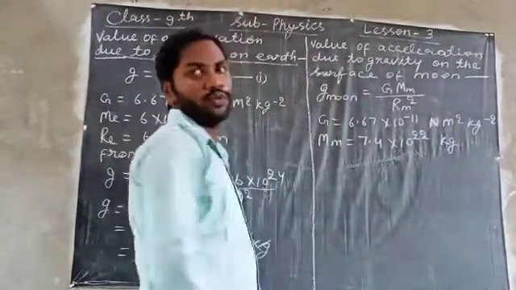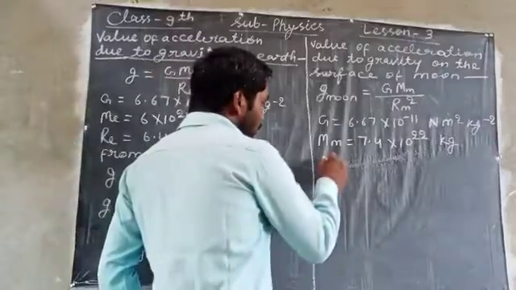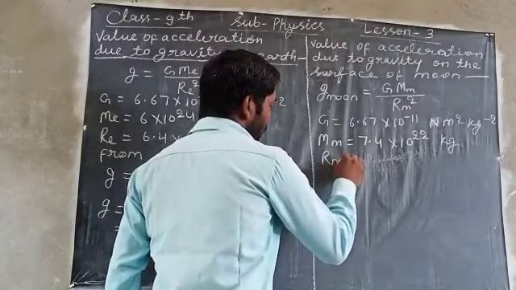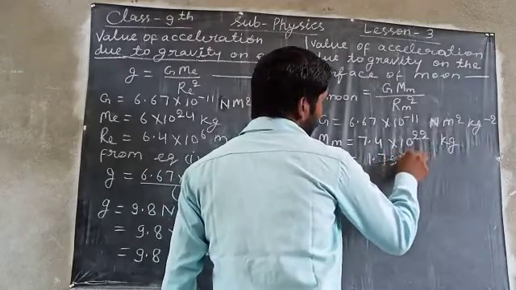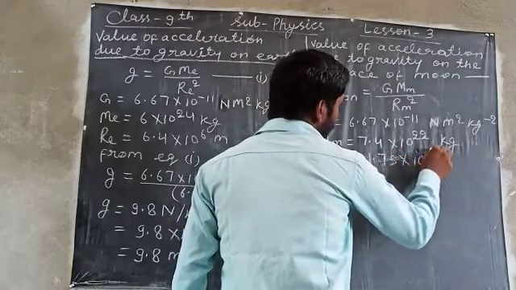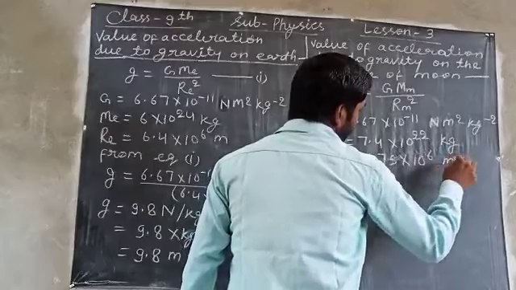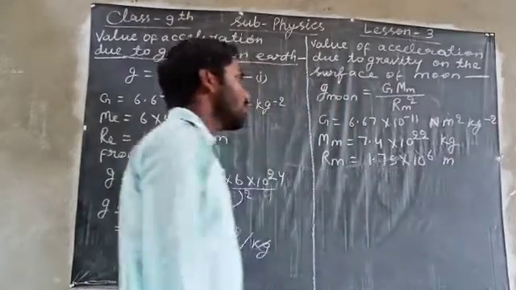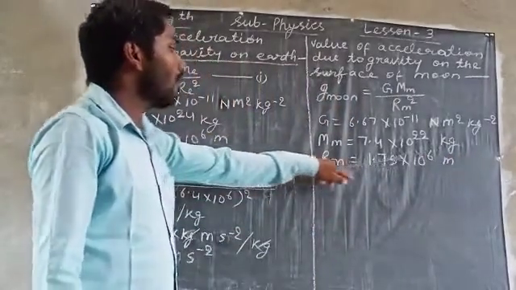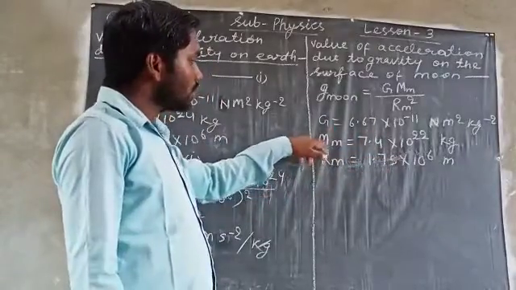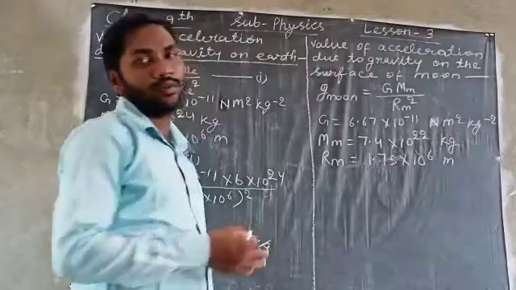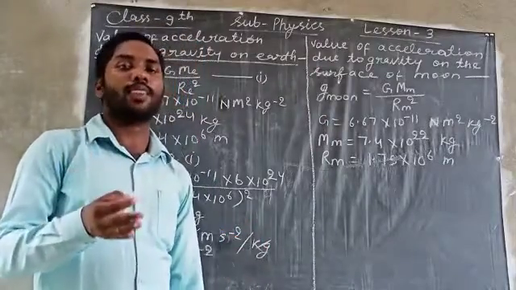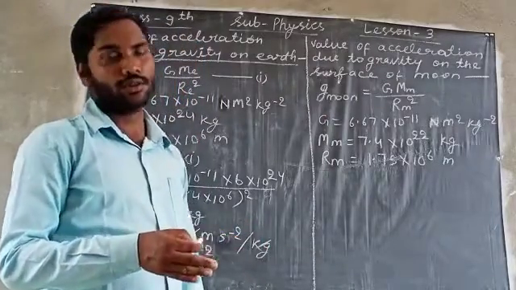This is the mass of the moon, and the radius of the moon, Rm, is 1.75 into 10 to the power 6 meter. So this is the radius of the moon, this is the mass of the moon, and this is the gravitational constant, which is the same everywhere in the universe.